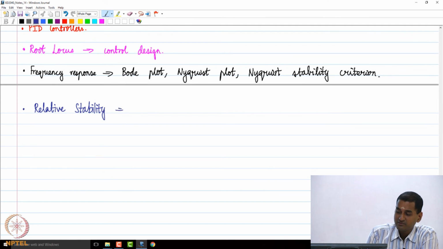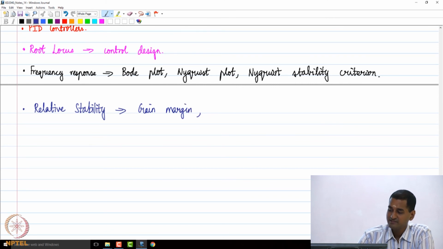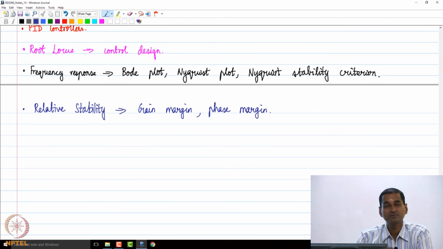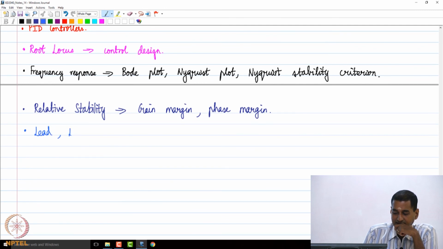We looked at various parameters that can be used for quantifying performance in the frequency domain, like gain margin, phase margin, and so on, right. Then we looked at cutoff frequency, bandwidth, and so on, right.